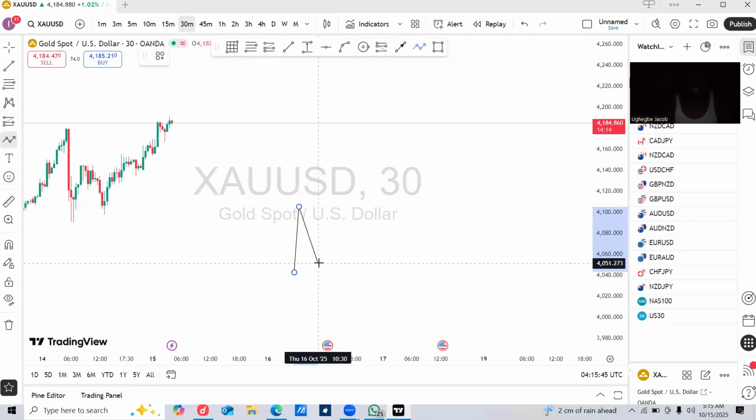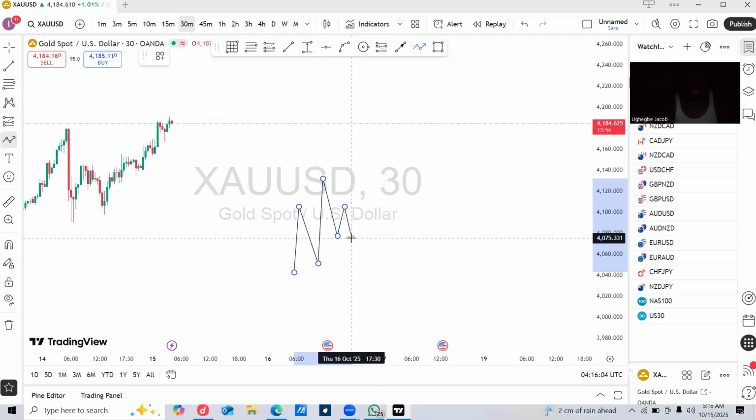Allow it to take that last high, which is this high here. Once it has taken this high, before you look for your order block, allow the market to return back to this area and let it give you some source of liquidity here before returning back.